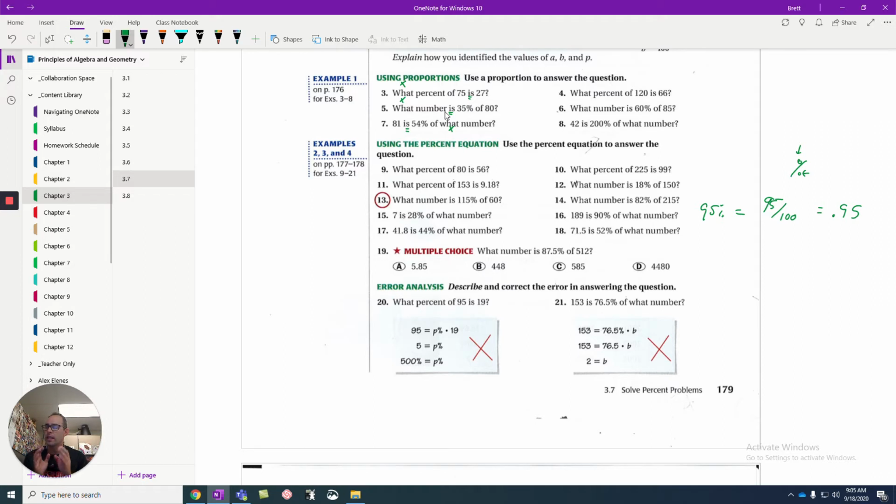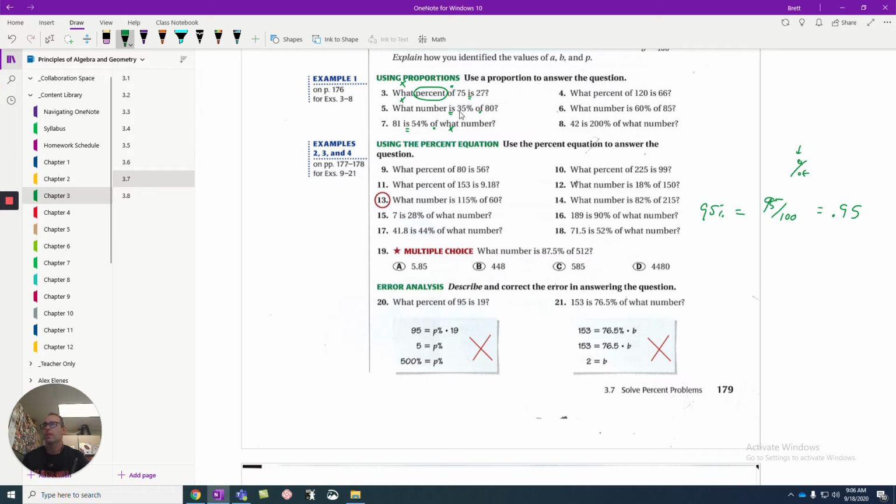Now, if it says what percent, like this first question, I'm going to have to come back to that in a second. I'll deal with it later. But otherwise, the word of is a multiplication. So if I turn my ofs into multiplications, we're pretty well set. Let's take a look at these three, and it's really the same way through the rest of the assignment.